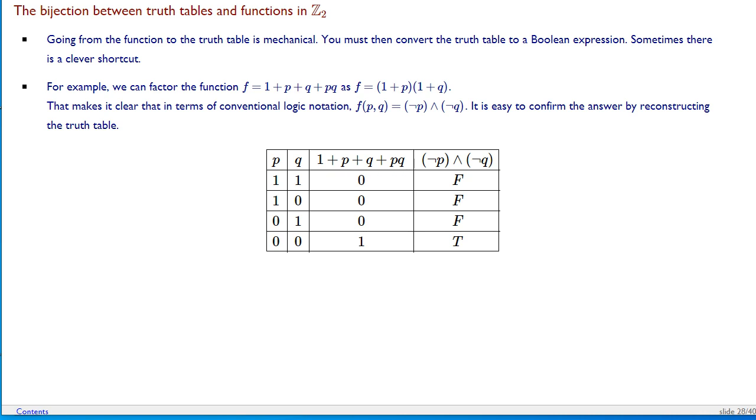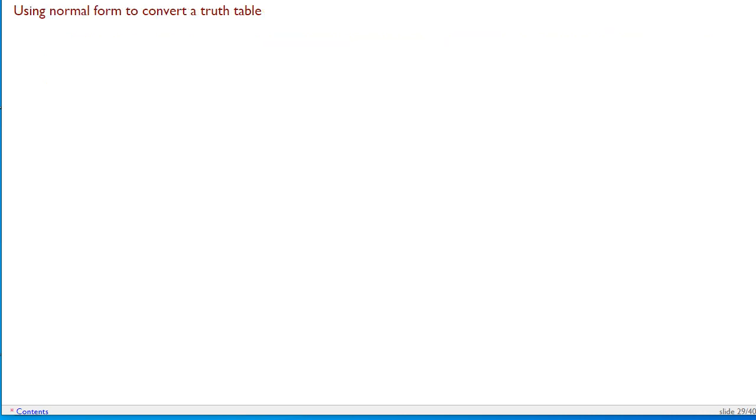You can confirm the answer by reconstructing the truth table. For each pair of values of p and q, you evaluate 1 plus p plus q plus pq, and you compare with the truth table for not p and not q. 0 matches up with false, 1 matches up with true.